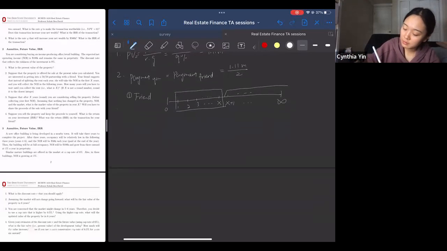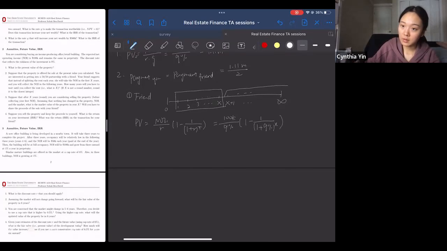The present value of your friend's part, plugging in the annuity formula, is just a 100. Let me write down the annuity formula first. It's NOI 1 divided by R multiplied by 1 minus 1 over 1 plus R to the power of T. So NOI is 100K, R is 9%, and 1 minus 1 over 1 plus 9% to the power of X, because capital T here is basically the X she's getting.